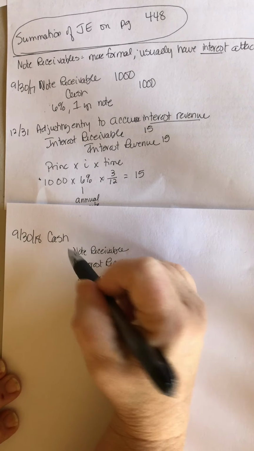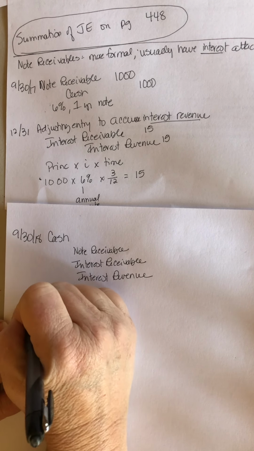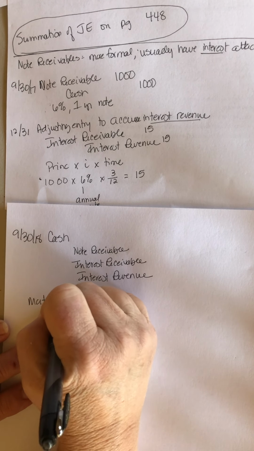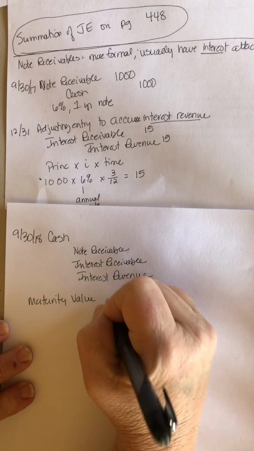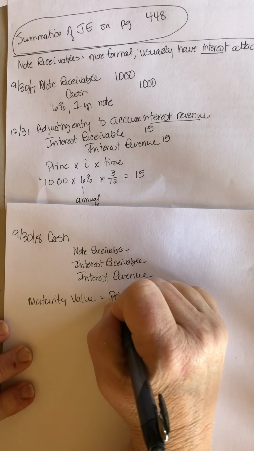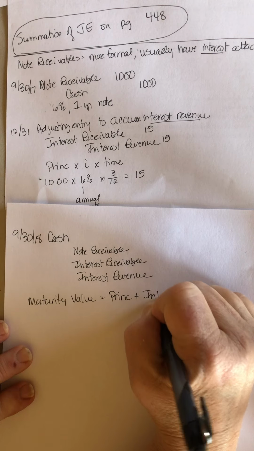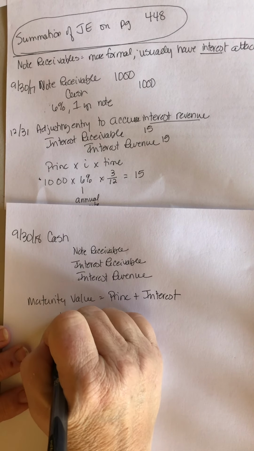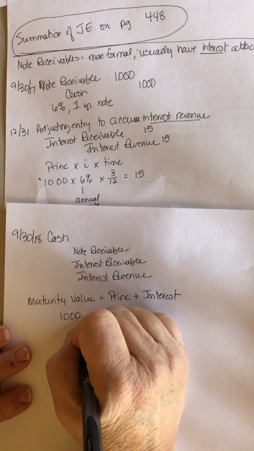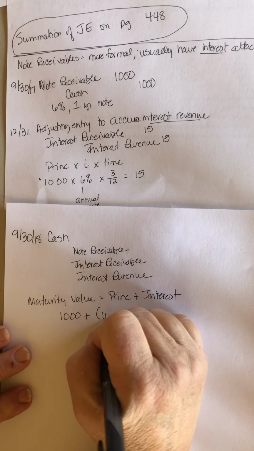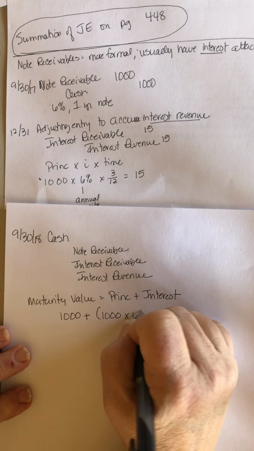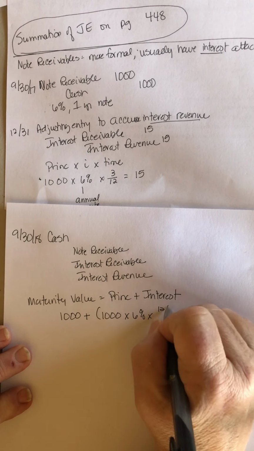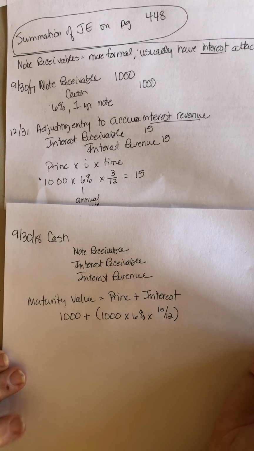Now what she's going to have to pay me is the maturity value of the note, and maturity value is principal plus interest. In this case, that's the $1,000 principal plus $1,000 times 6% times 12 over 12, because it was for a whole year.